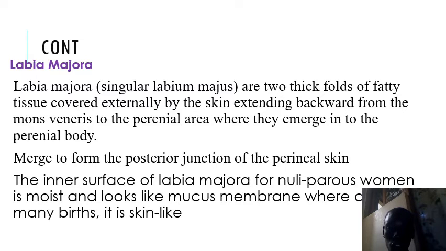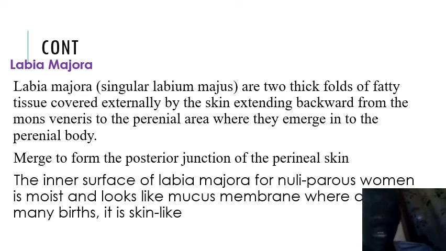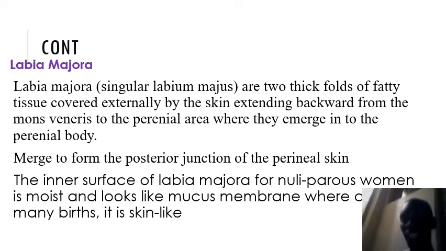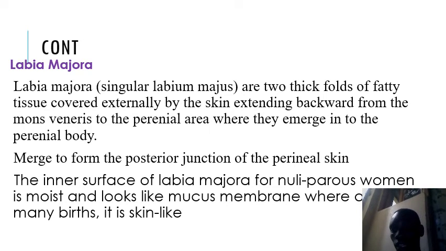But I want you to appreciate that the inner surface of the labia majora in nulliparous women is moist and looks like a mucous membrane, whereas in a parous woman, a woman who has given birth to many children, they become skin-like and dark in color.